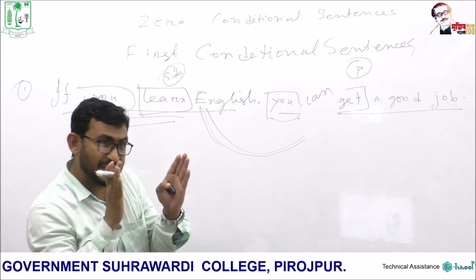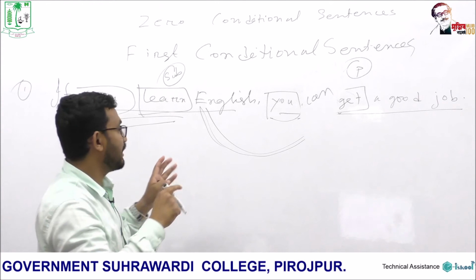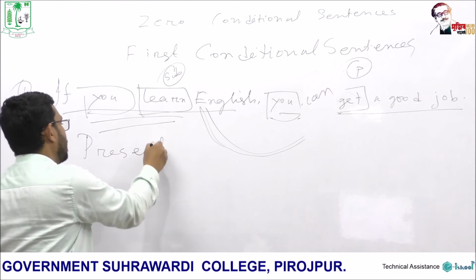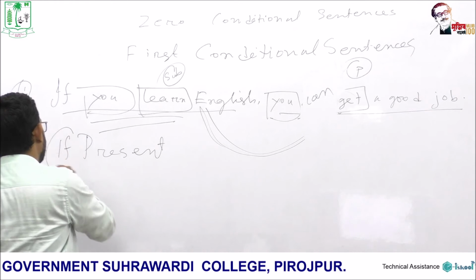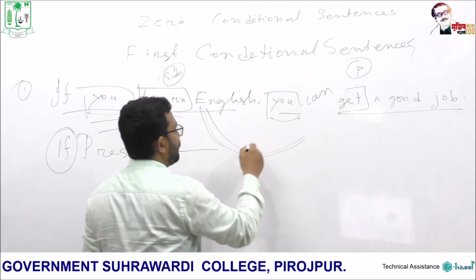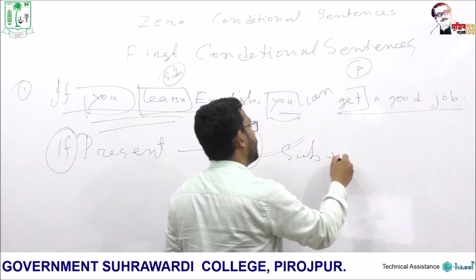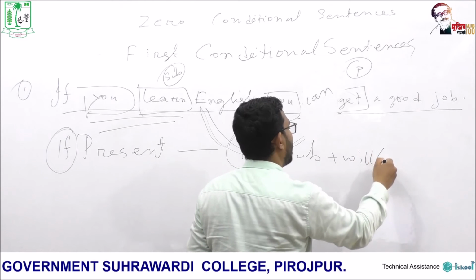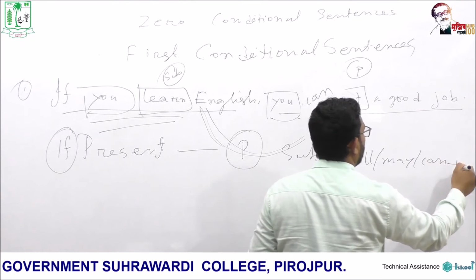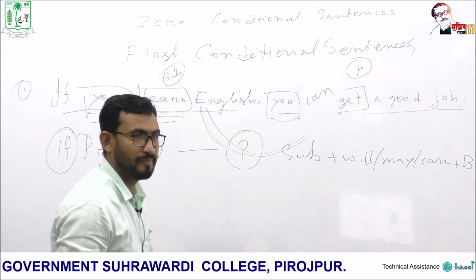So what is the basic structure of first conditional sentence? That is, you have to use present tense in the if clause. Next, in the principal clause, you have to use subject plus will, may, or can, then the base form of the verb, that is the infinitive form of the verb.